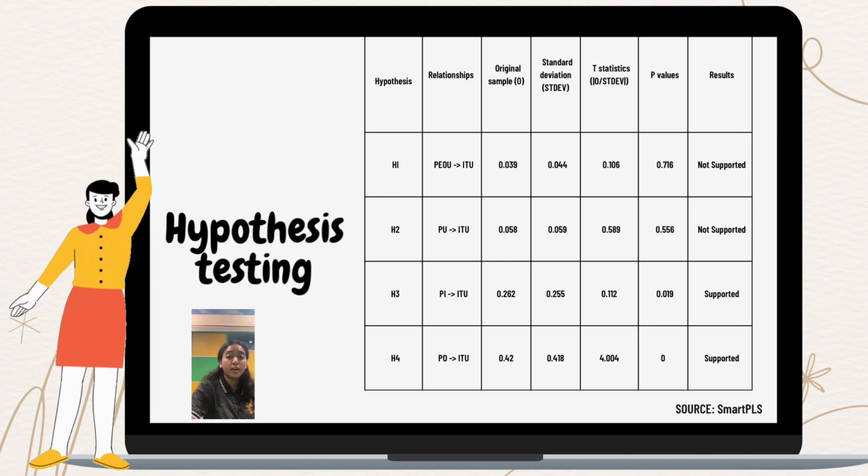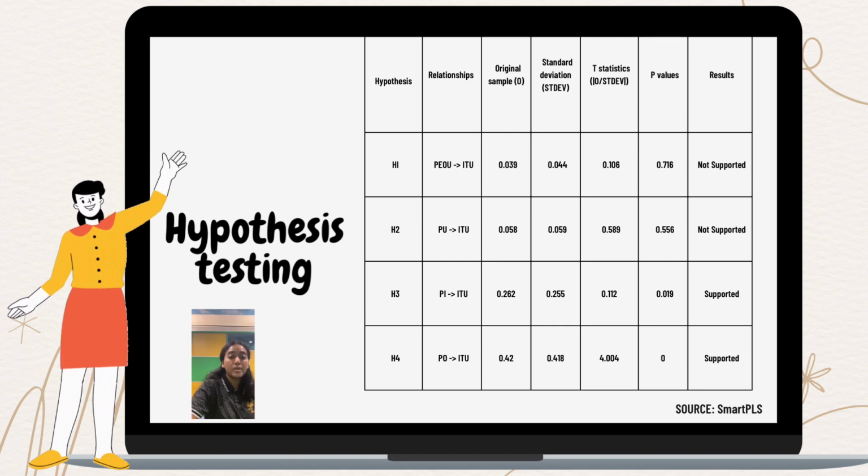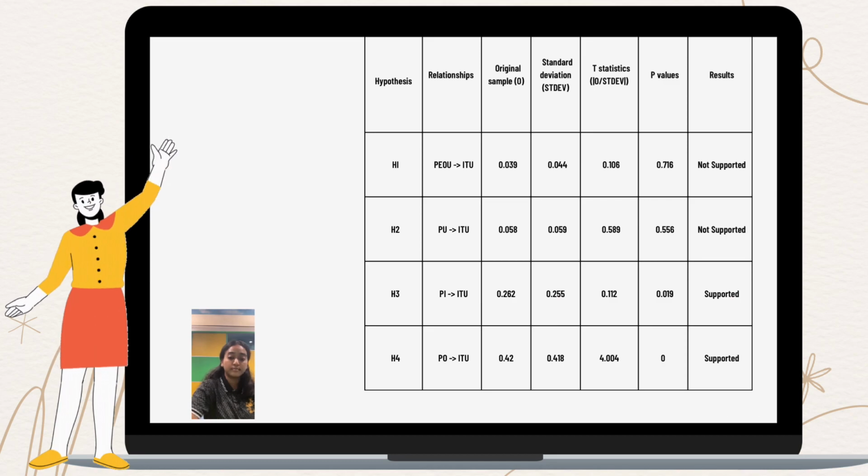H3 and H4 were supported because the t-value for perceived innovativeness is 0.112 and the p-value for PI, which means perceived innovativeness, is 0.019, which is lower than 0.05, while the t-value and p-value for perceived optimism also show the same, which is the t-value is equal to 4.004 and the p-value is 0.